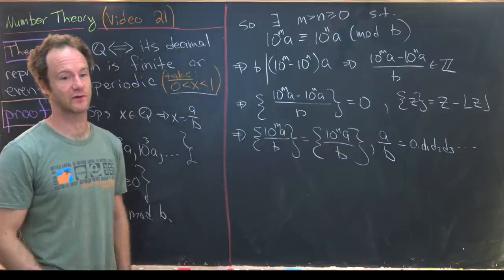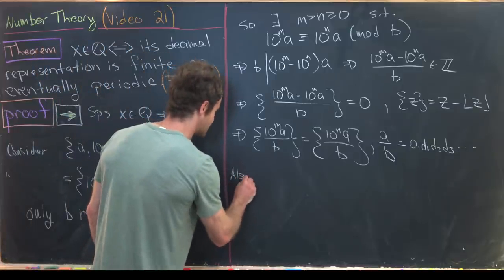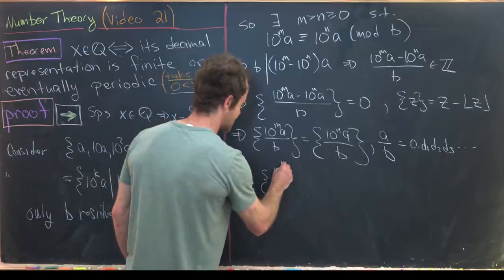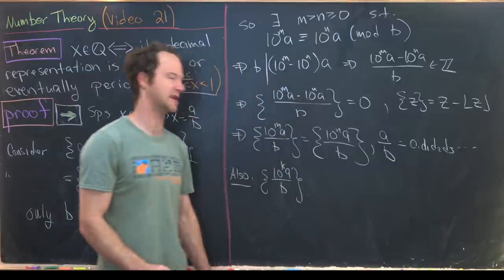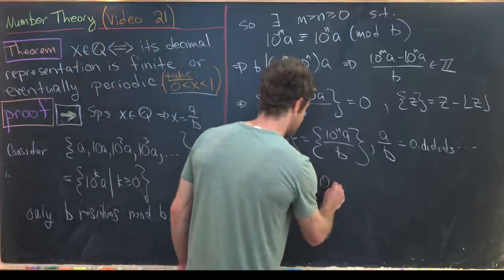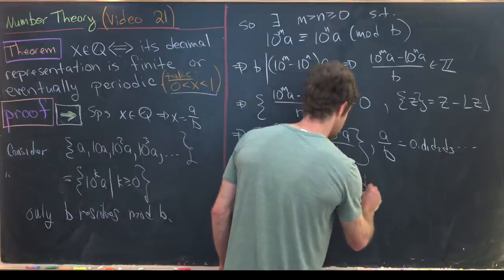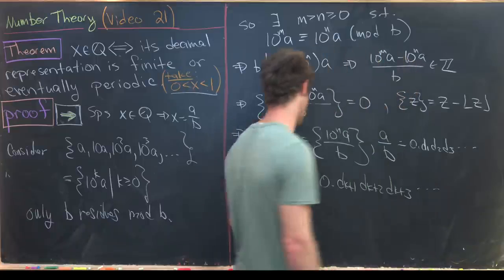It's a special type of rational number. Okay, also we have this more general statement, which is the fractional part of 10 to the k times a over b, where k is any non-negative integer, is equal to 0 point d sub k plus 1, d sub k plus 2, d sub k plus 3, and then so on and so forth.